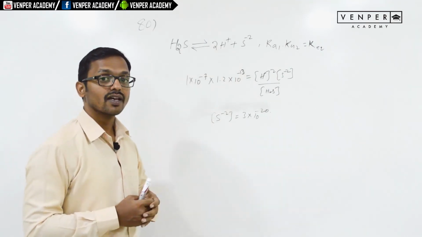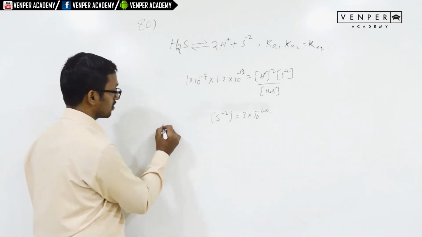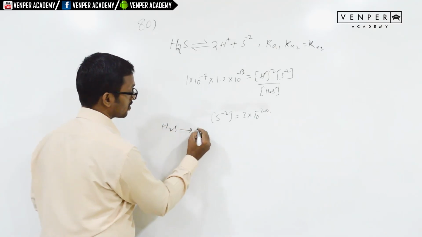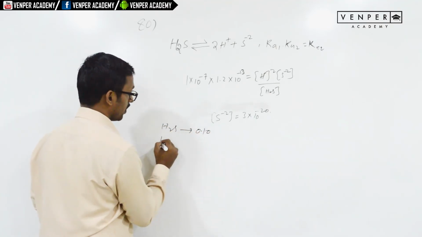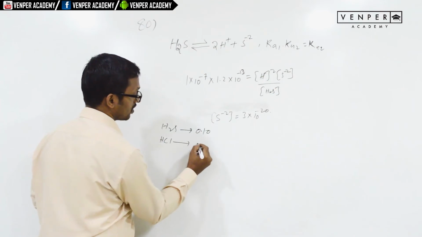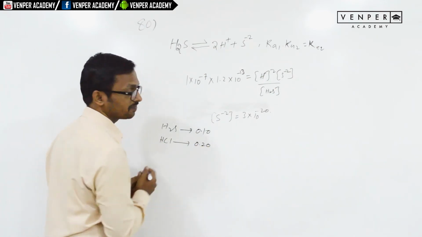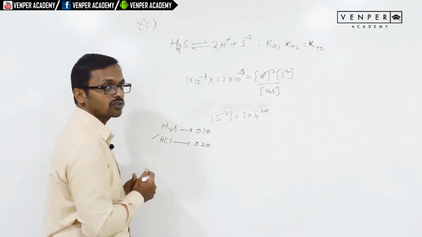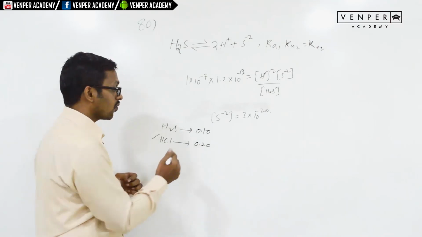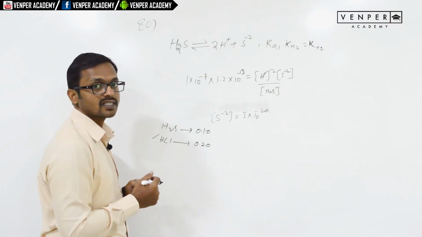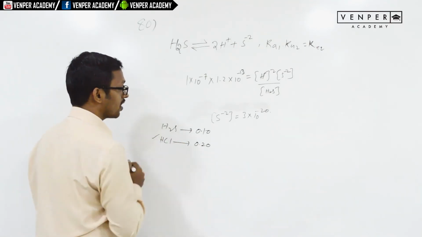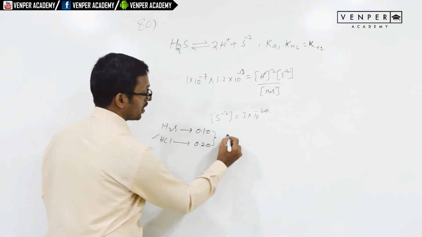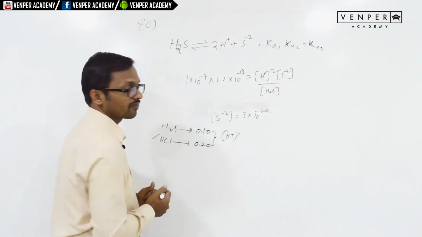So in the question the H2S concentration is given as 0.10 and for HCl it is given as 0.20. This is a strong electrolyte, a strong acid. So when we have a strong acid and a weak electrolyte, H plus is a common ion.